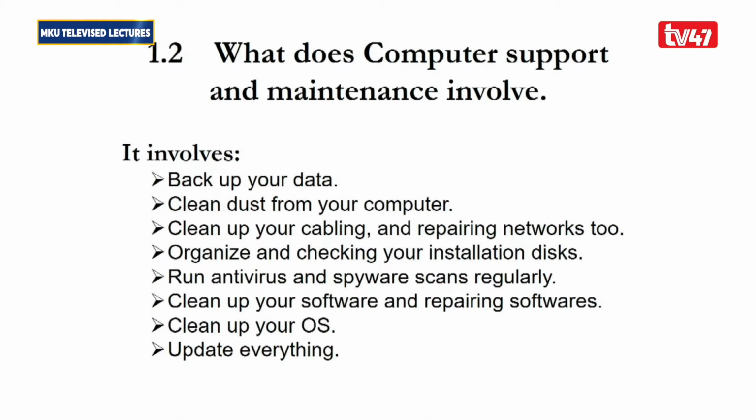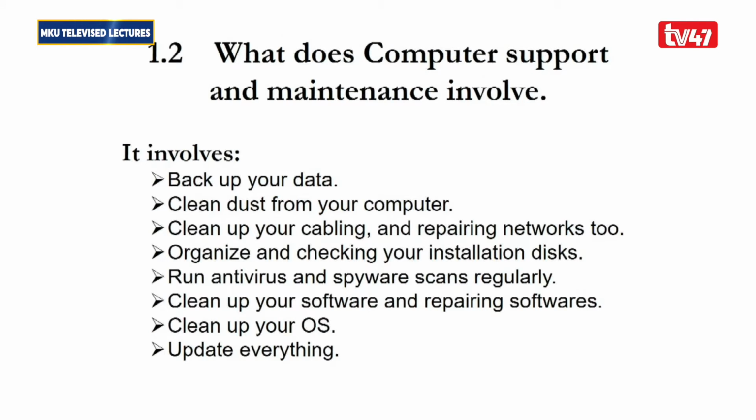Maintenance and support is a key area within computers and computers in a network, and it revolves around three main areas: the hardware components of the computer, the computers in a network, that is the community of computers in a network, and the software.